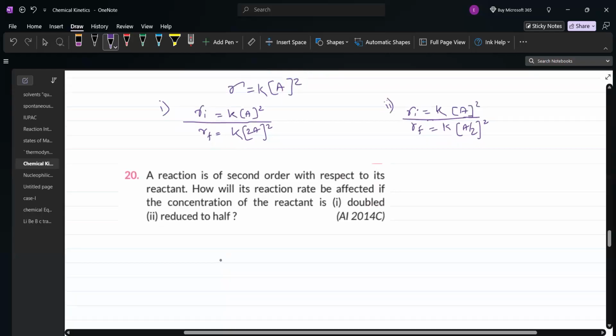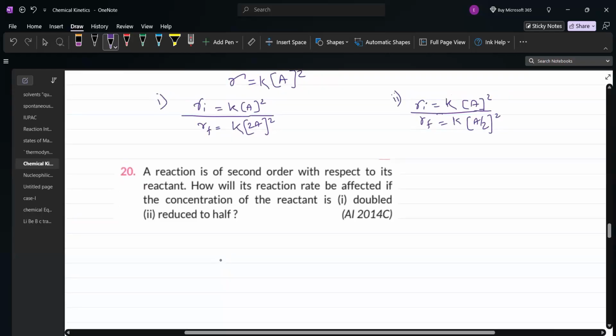Okay, so let's try this out. The reaction order given is second order. So with respect to its concentration, we can say it could be like this, right?